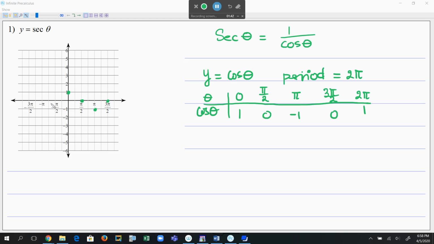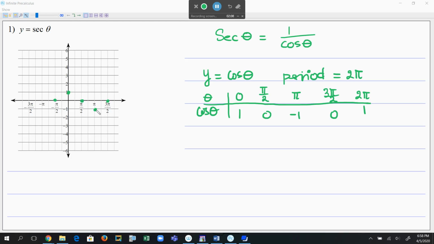Again, cosine is an even function, so it means that the y-axis will be the symmetry of the graph. Therefore, the points on the left and the right-hand side will have the same y value, opposite angle. For example, here pi over 2, 0, this will be negative pi over 2, 0.